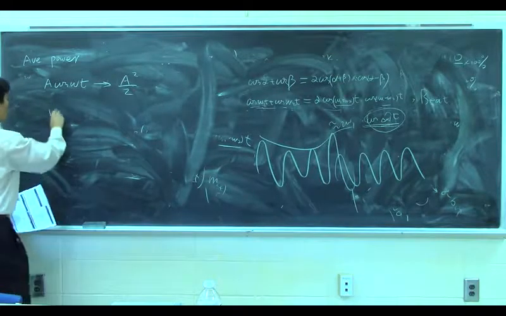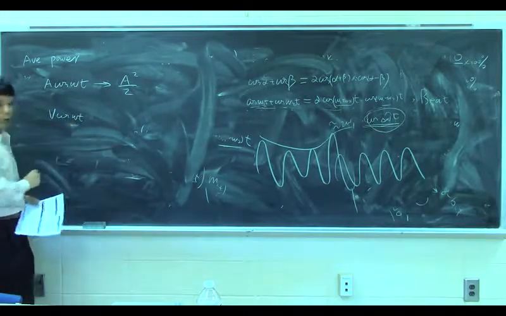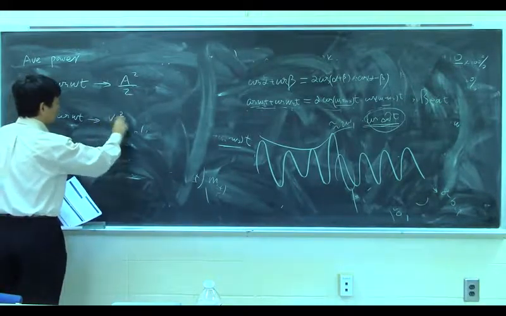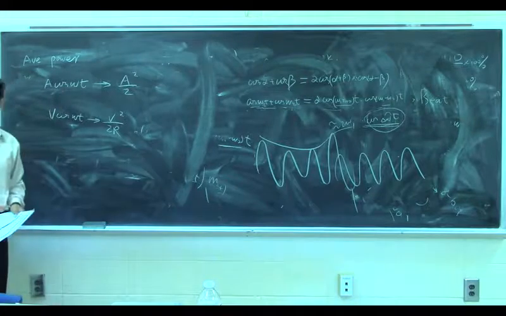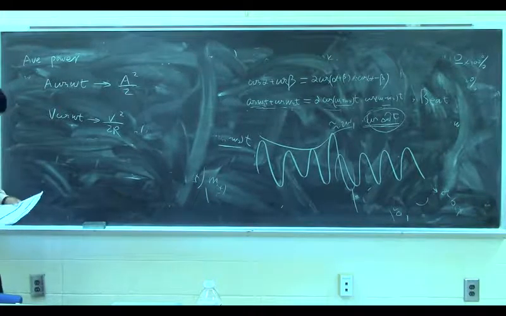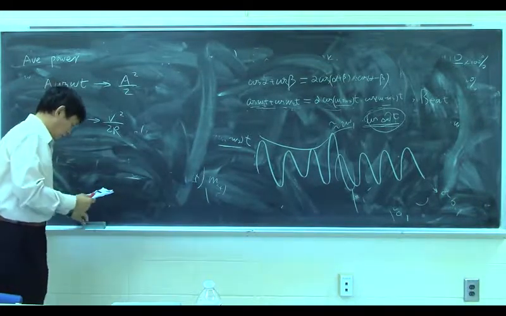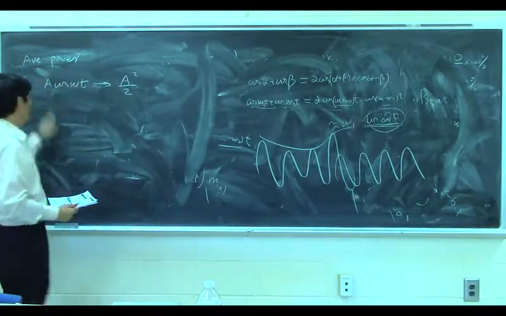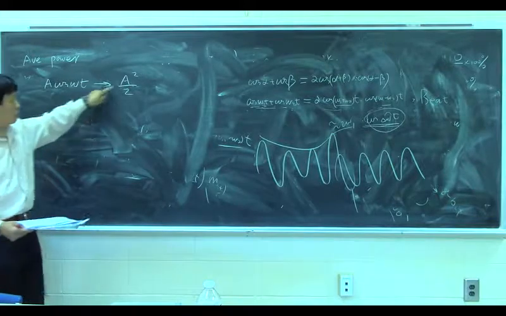For example, if the voltage A cosine omega t is applied to a resistor, then the power will be V squared over 2R. So the power of this sinusoid function equals A squared over 2.